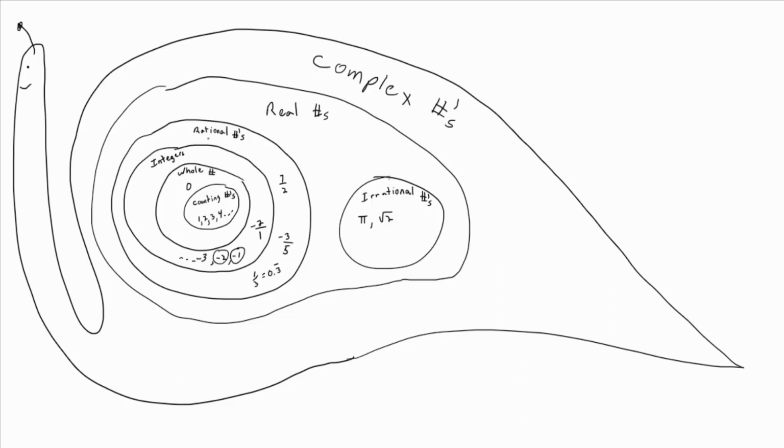Like you could write the number 7 halves as 7 halves plus 0 times i. But the complex numbers also include non-real numbers like 1 plus 2i. That's a fully complex number, and you can't get it inside the other sets. So the snail represents all the numbers you're probably ever going to hear about. This whole bit was just to draw the snail. But if it helps you remember it, that's even better, right?